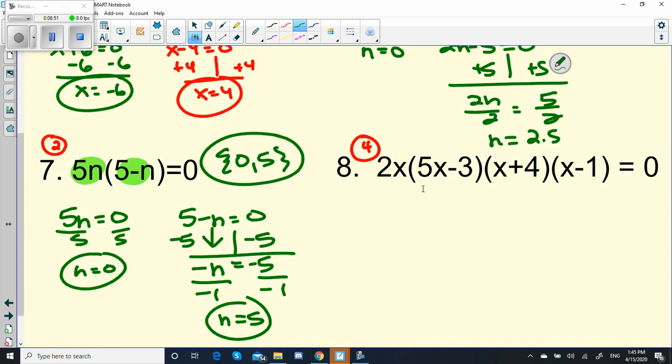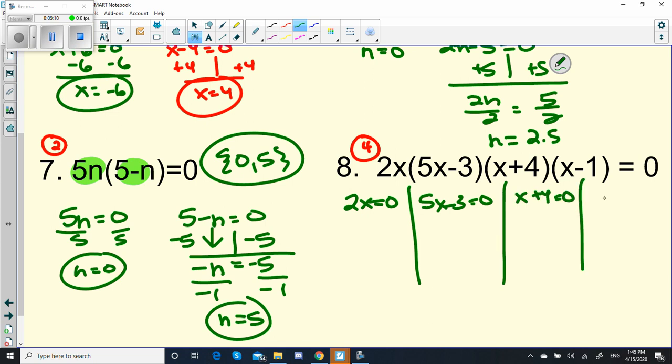And then on this last one, this is not a quadratic. This is a much bigger equation because it's got 4 x's. There's going to be 4 answers. So I'm going to set the 2x equal to 0, the 5x minus 3 equal to 0, the x plus 4 equal to 0, and the x minus 1 equal to 0. So here I'm dividing everything by 2. My first solution is 0.